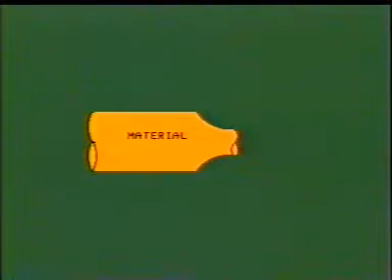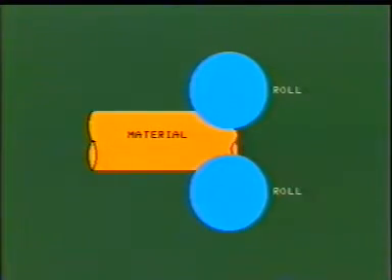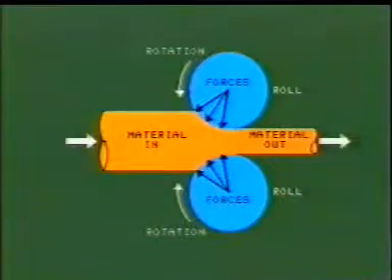In this process also, compressive forces are applied on the material having some malleability. The application of compressive forces is done through rotating rolls. The rotating rolls bite into the material and pull it in between the rolls and then pass them out.